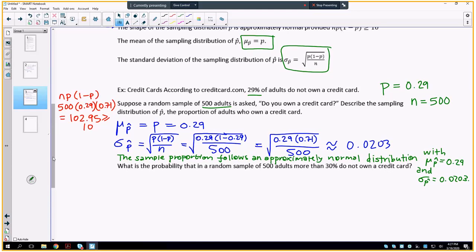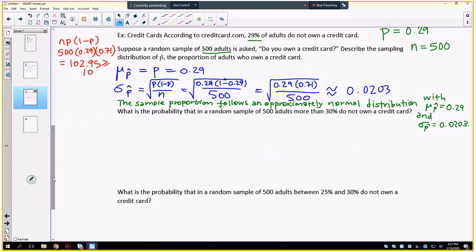Let's see. What is the probability that in a random sample of 500 adults, more than 30% do not own a credit card? So let's think about this. First of all, 30% in terms of decimals, I can call that 0.3. I want to think about my normal curve.